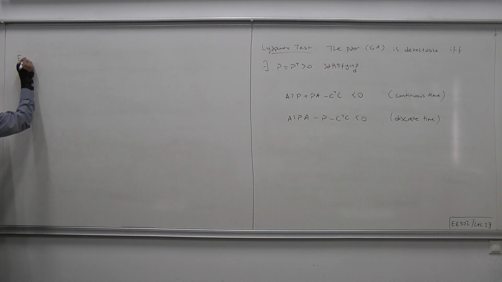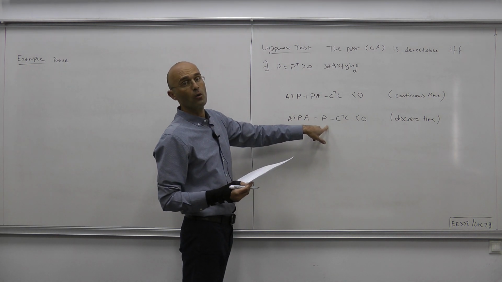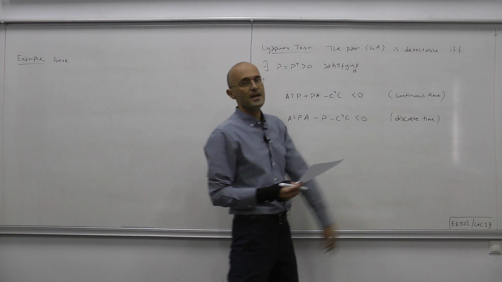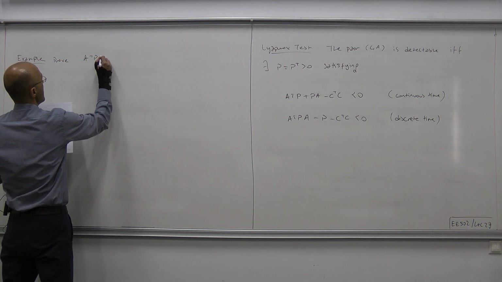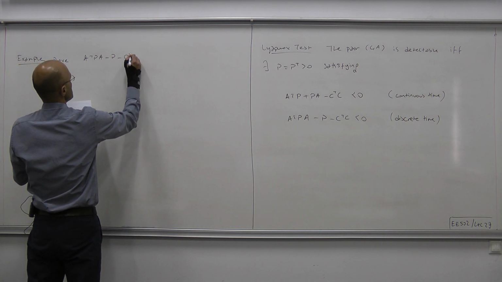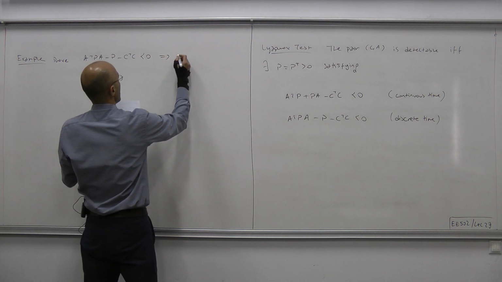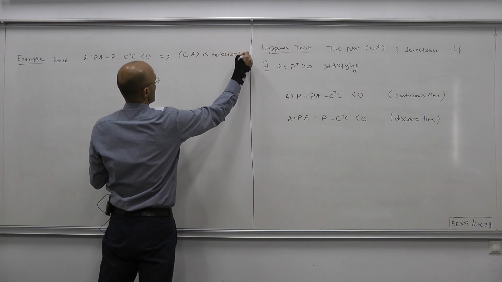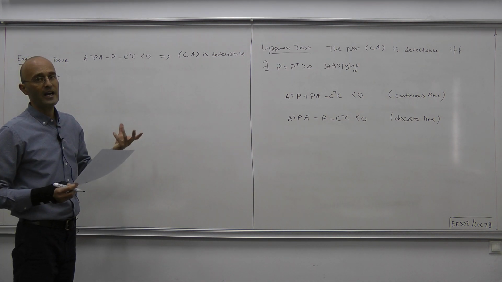Example: prove that if this condition holds for a discrete time system, then the pair CA is detectable. So prove A transpose P A minus P minus C transpose C being a negative definite matrix implies that the pair CA is detectable. Now we're going to do this using the eigenvector test.